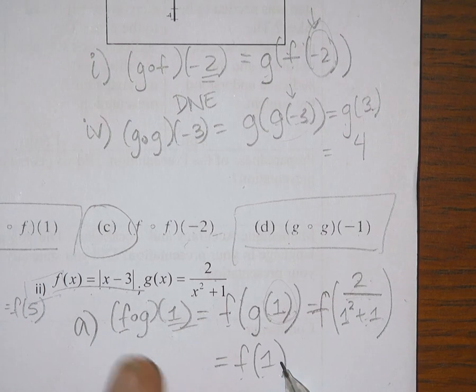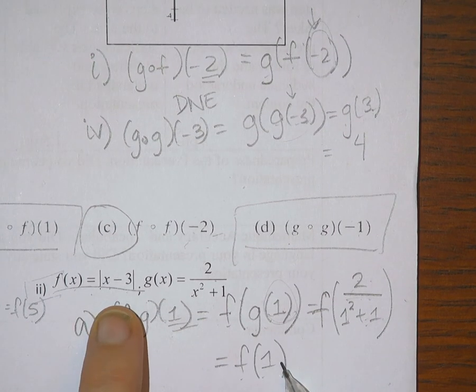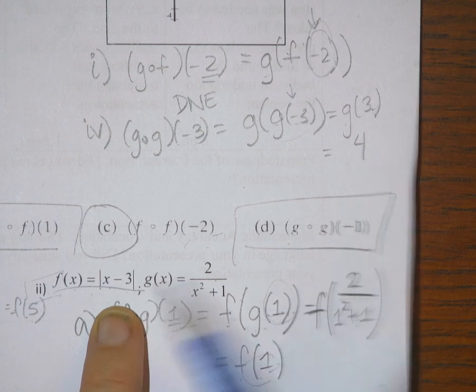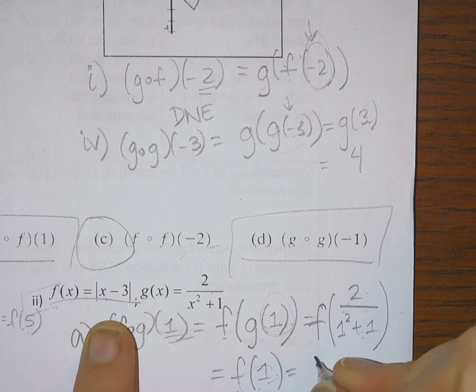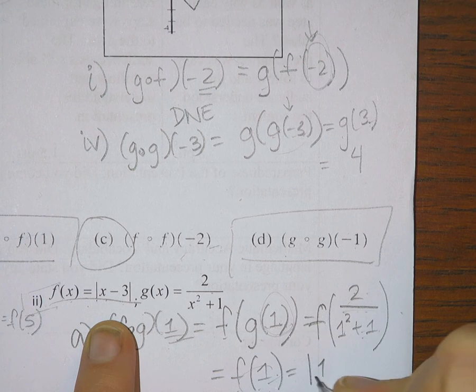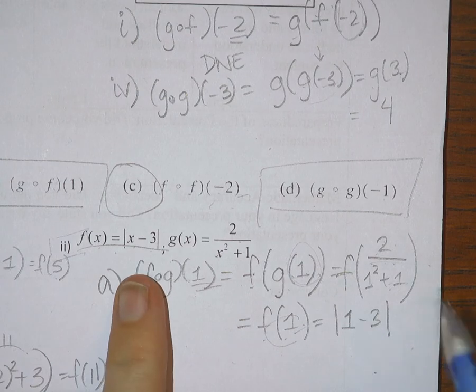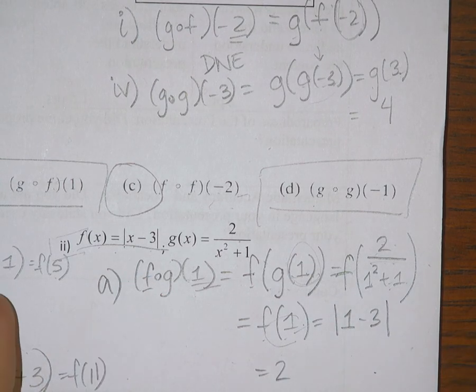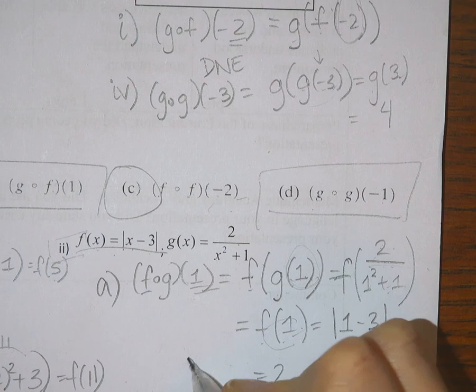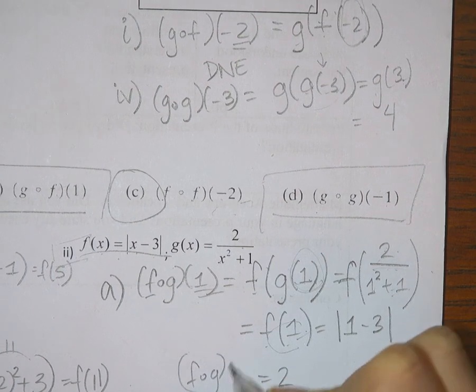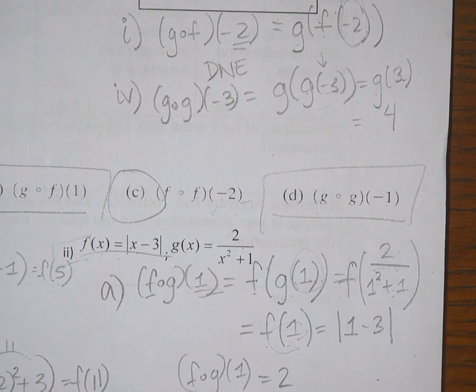Okay, so then I look at my function f here, and I plug in my new value, 1. So that's going to be the absolute value of 1 minus 3. 1 minus 3 is negative 2. Absolute value of that is 2. So I can say f composed with g of 1 equals 2.